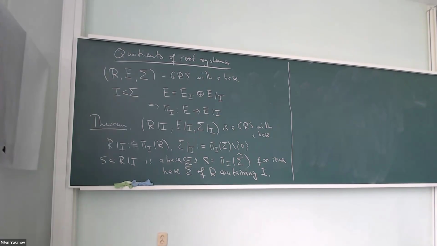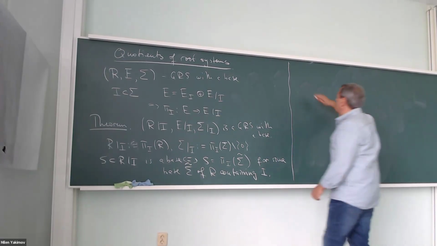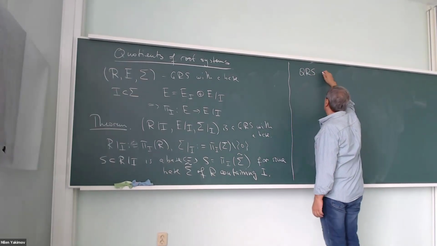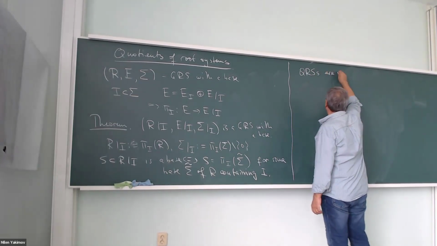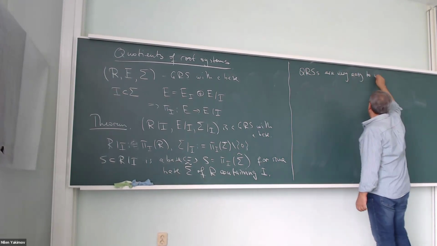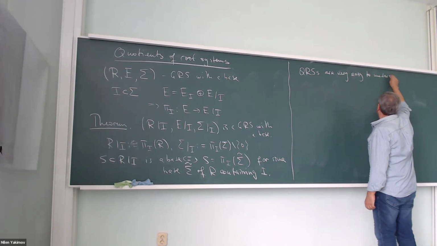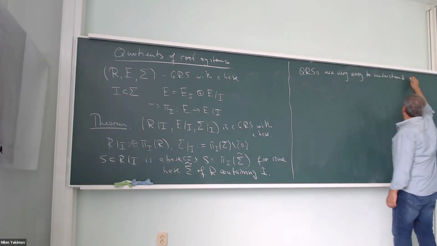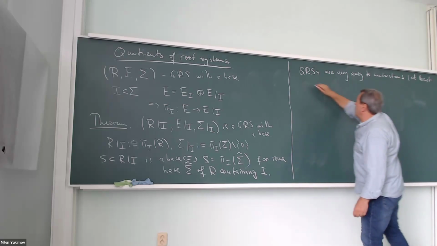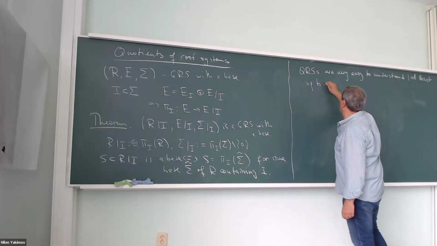And these quotients of root systems are very easy to understand, at least up to equivalence.